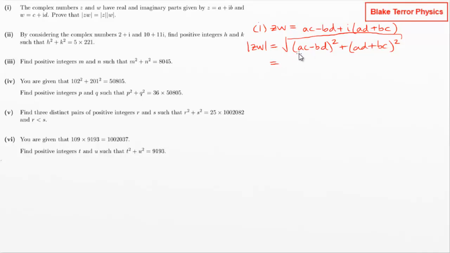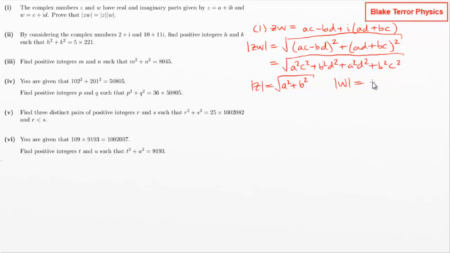So what we're going to get, the ABCD terms from those are going to cancel. So we've got A squared C squared plus B squared D squared plus A squared D squared plus B squared C squared. And then square root all of that. Okay, and then we've got mod Z is the square root of A squared plus B squared. Mod W is then C squared plus D squared, square rooted.